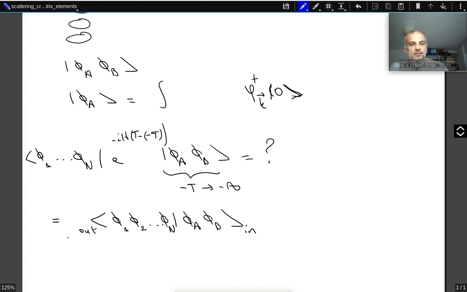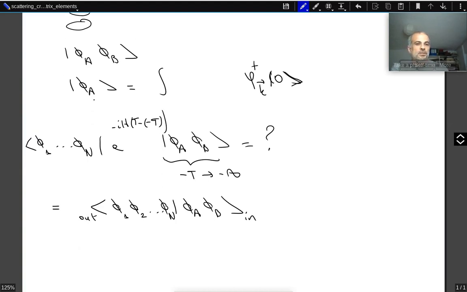To calculate this matrix element, first let's write what our single particle state is. It's a superposition of various momentum states. Each one of these momentum states will have some weight. This is the momentum state wave function of, let's say, our A particle. And then of course we have all possible momenta.